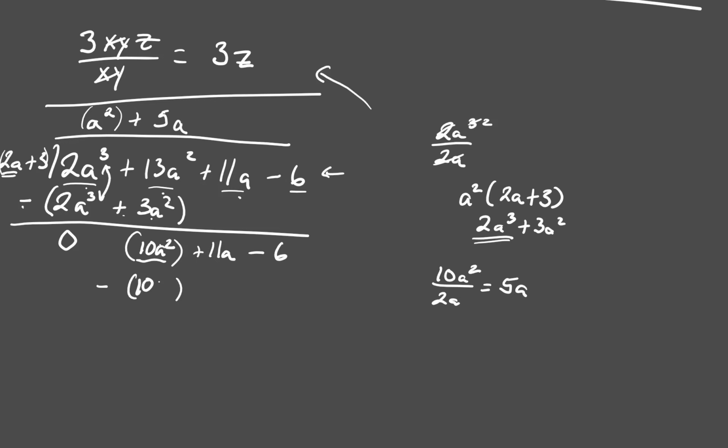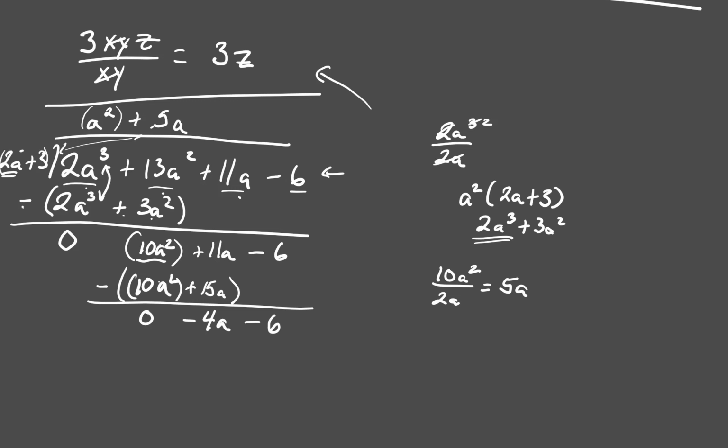And I get 10a squared, so this was a 3, so I have the 10a squared from these two, and then the 3 is going to give me 15a. And I need to take that stuff away. Like I said, this is going to go to 0. I'm going to take away 15a from 11a. That's going to give me a negative 4a and a minus 6 left over, right?